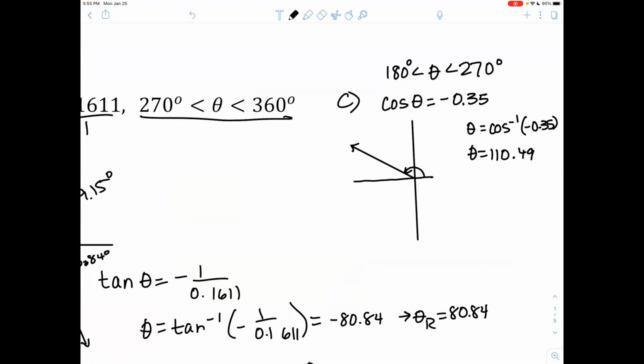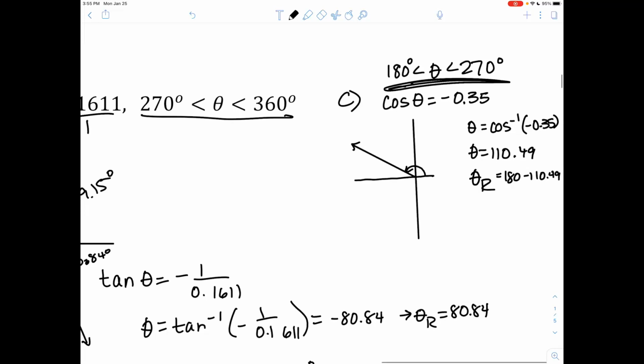But you have to find theta reference because we're trying to put this angle in between 180 and 270 degrees. So what we're going to have to do is take 180 degrees minus 110.49 so that we can get theta reference, and then we can graph theta in the next quadrant.